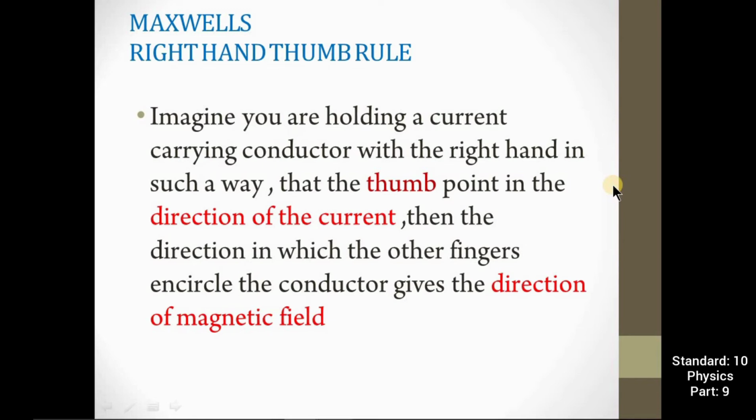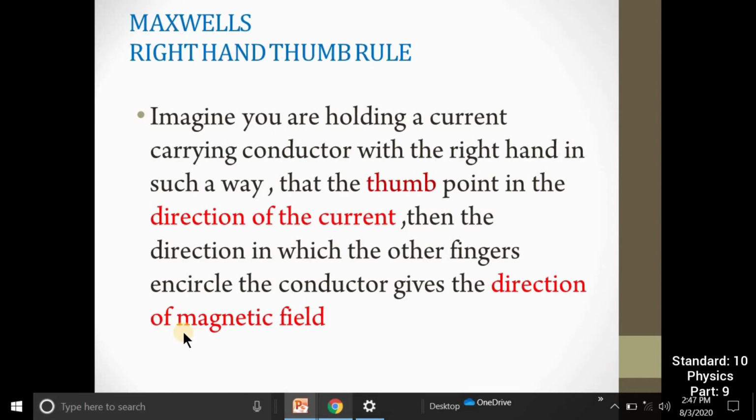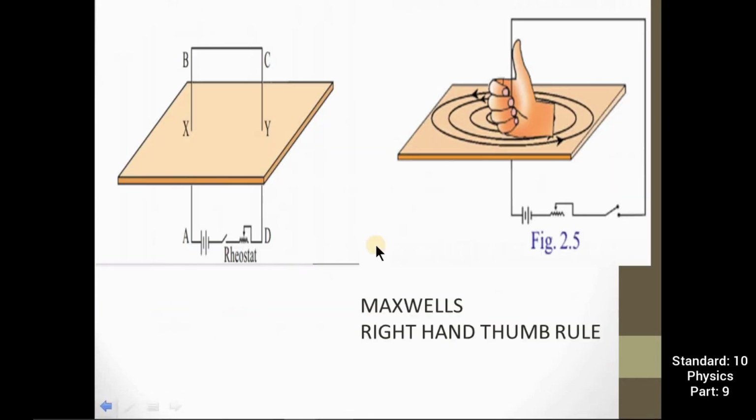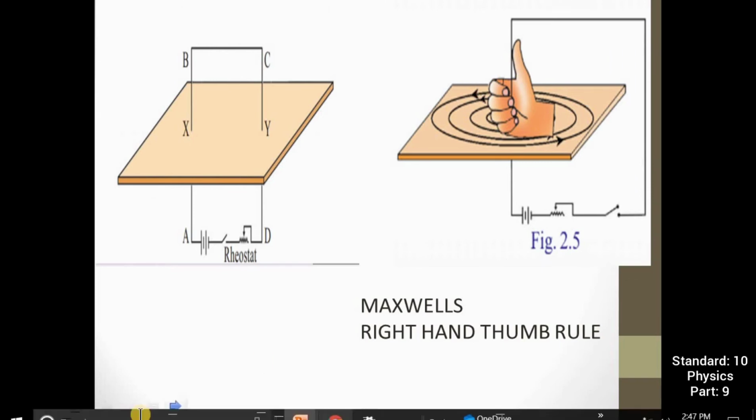So the right hand must be held on the conductor and the thumb must point in the direction of current. Then the fingers encircling the conductor will show the magnetic field direction. Right?